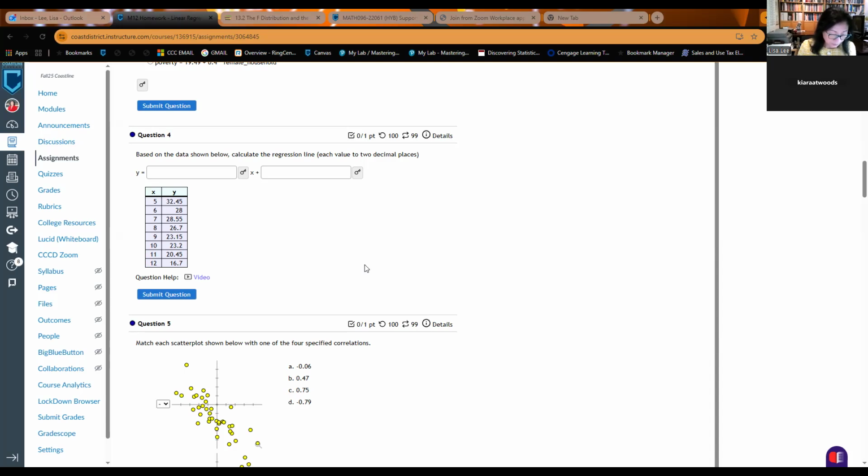I hit enter. Then you can see your screen pop up: Xlist is L1 already, and the Ylist will show L2, right? Then you see Freq 1, don't touch it, just move downward.